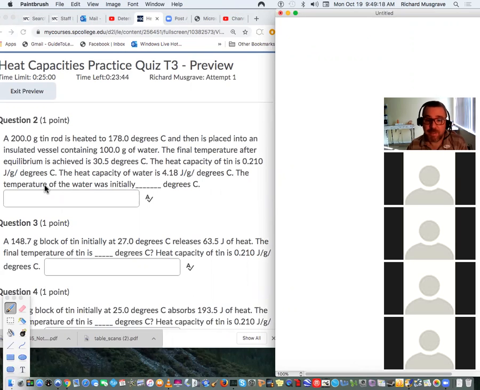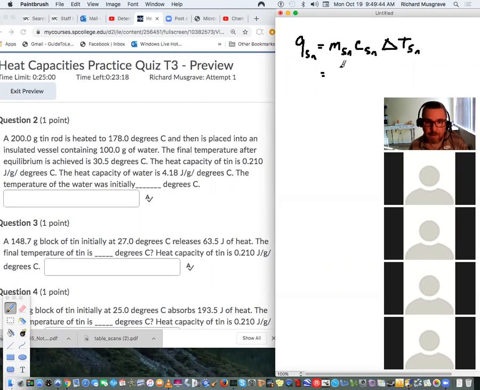So I can't be starting with the water. I have to be starting with the tin. So my first step is to say Q_Sn, where Sn is tin, equals m_Sn c_Sn delta T_Sn.